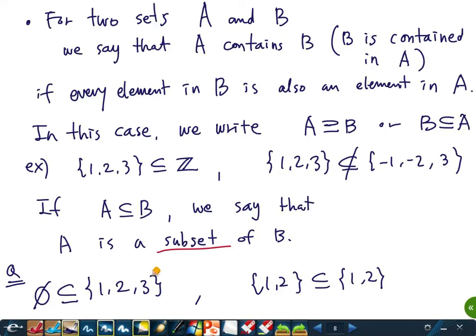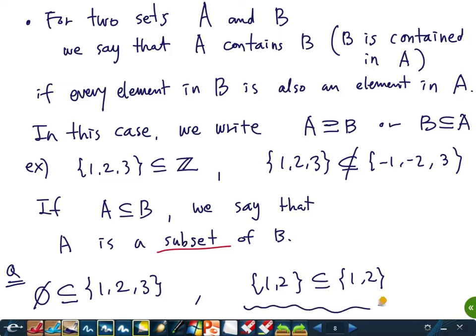And we will learn more about this later, but every element here is an element in here. Is that statement true? Actually, there's nothing here, so we don't need to check anything. If there is nothing to be checked, then it is automatically true. This is kind of logic that we will learn later. But just remember that empty set is a subset of anything.